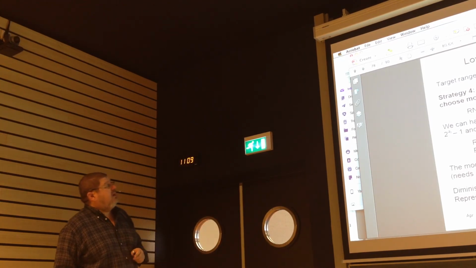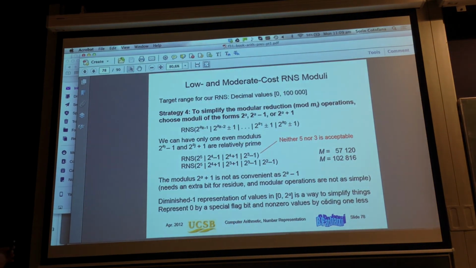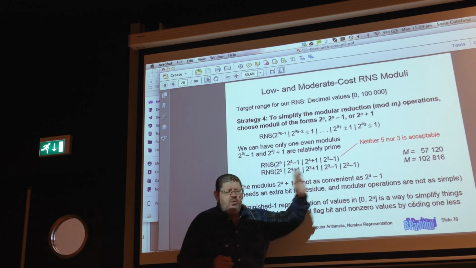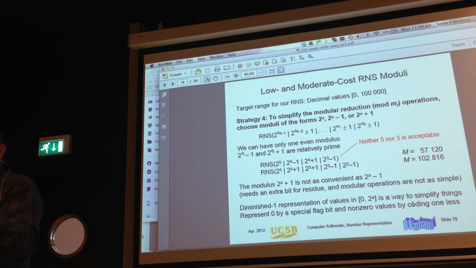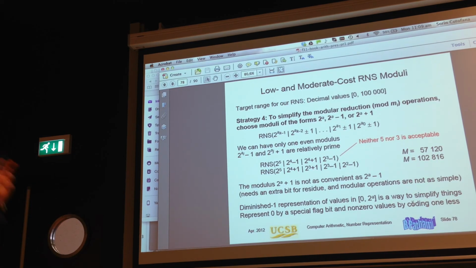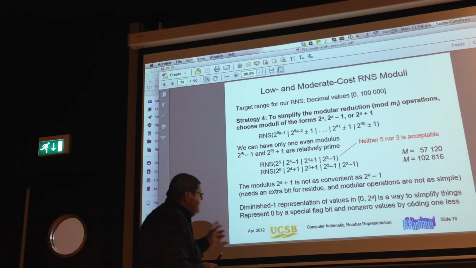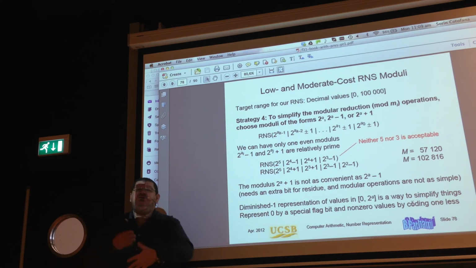Okay, there is another trick. If I do not manage to do that, I can also go for powers of 2 plus 1, which are not exactly radix complement or digit complement, but I can deal with them with what is called diminished one representation. Then I put an extra bit and I can treat them in a similar way.